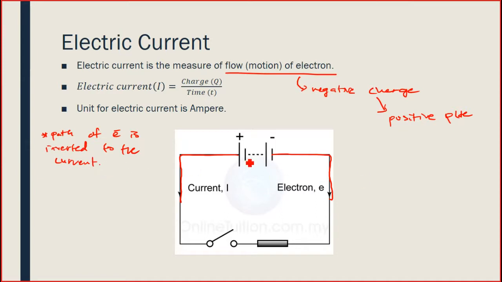What happened is that we never understood the properties of current and electron, so we just assumed that current moves from positive to negative, just like everything else in this universe that we know of. If something is high, it must go from high to low. A high potential difference must go from high to low, so we assumed that current also behaves in the same way.